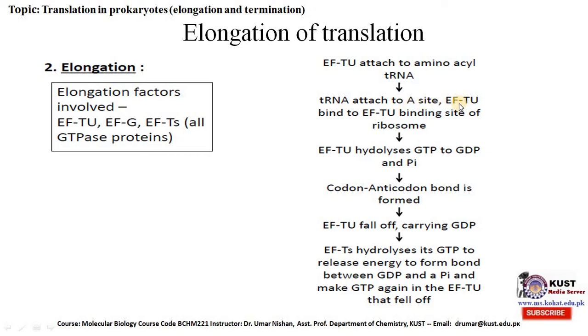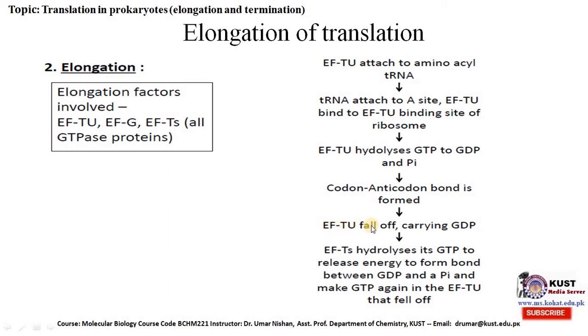Elongation factor Tu binds to the elongation factor Tu binding site of the ribosome. After this, elongation factor Tu hydrolyzes GTP to GDP and inorganic phosphate. Codon-anticodon bond is formed.